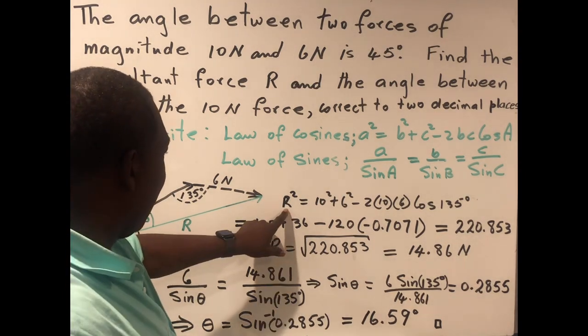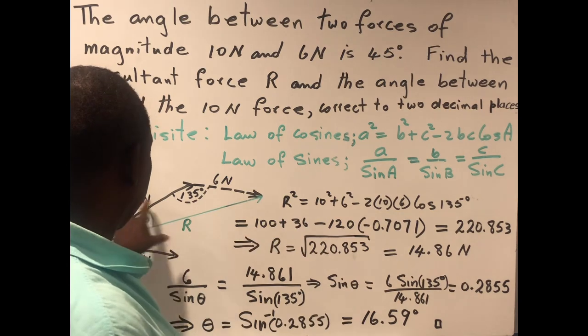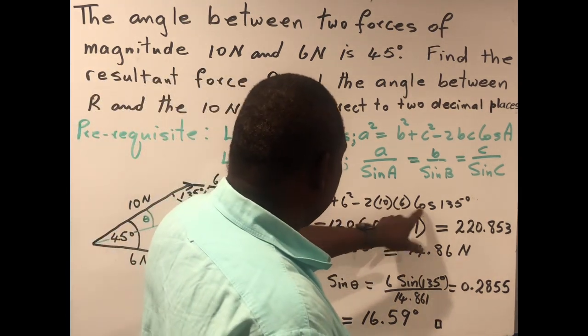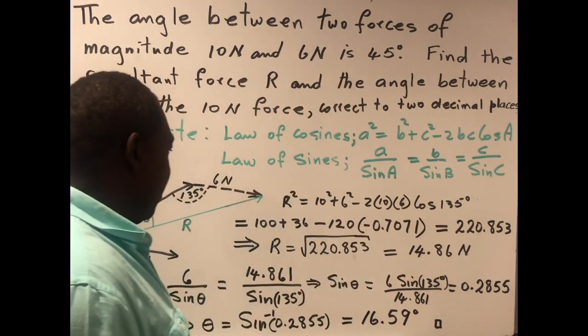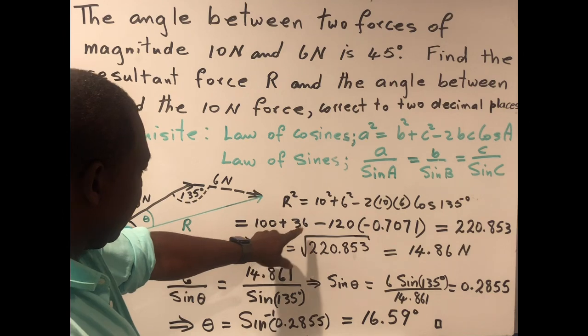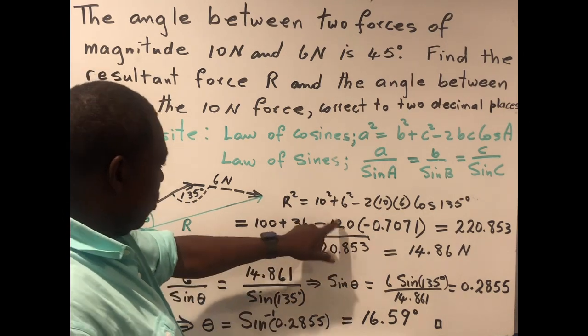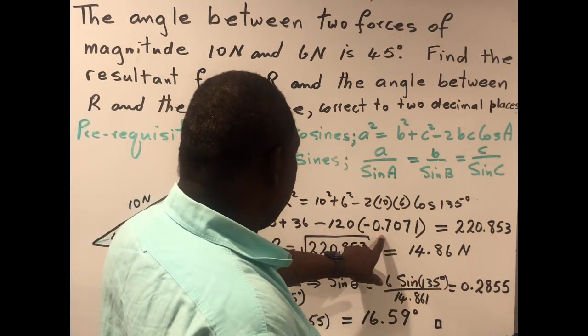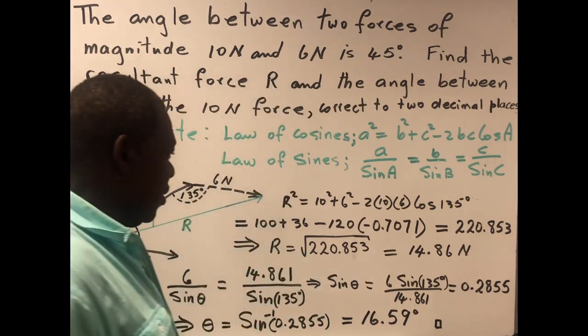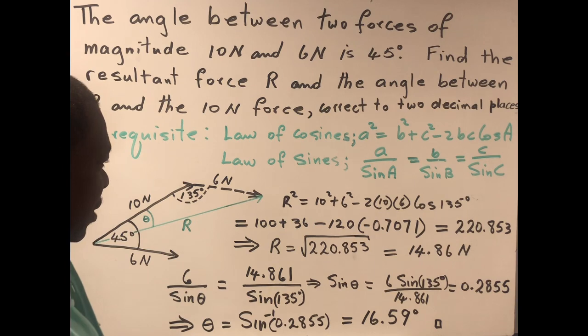So here we have R squared equal to 10 squared plus 6 squared minus 2 times 10 times 6 times the cosine of 135 degrees. This is equal to 100 plus 36, subtract 120 times the cosine of 135 degrees, which gives us negative 0.7071 to 4 decimal places there.